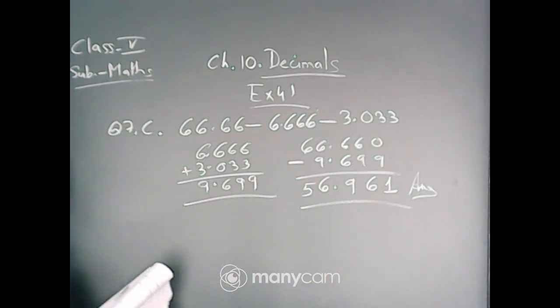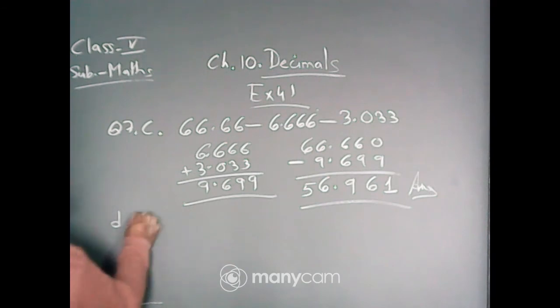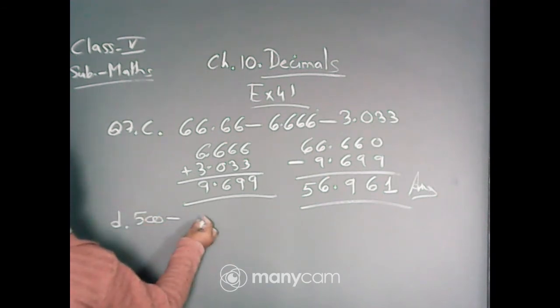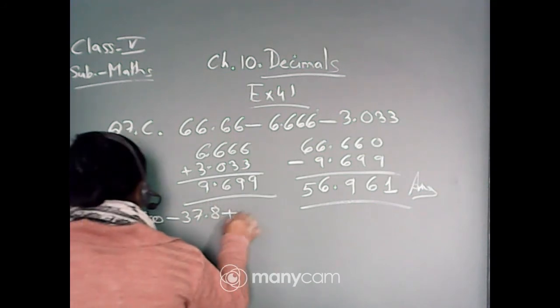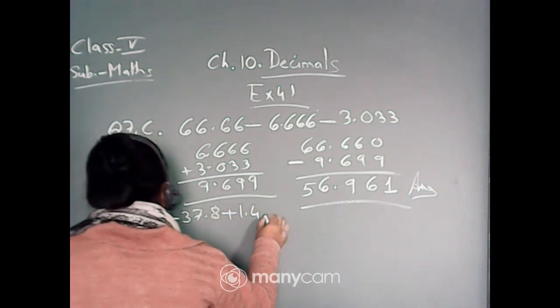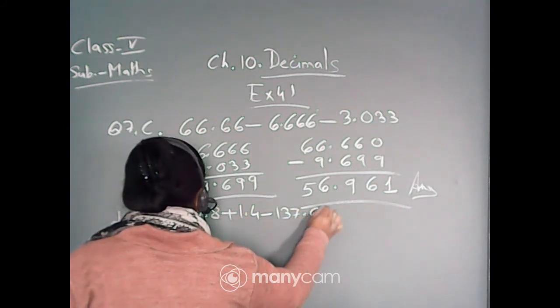Now let us do one more, number D. See, it is given 500 minus 37.8 plus 1.4 minus 137.63.